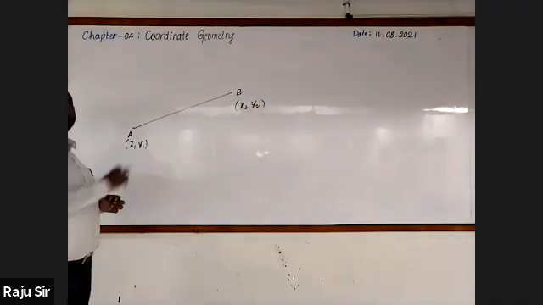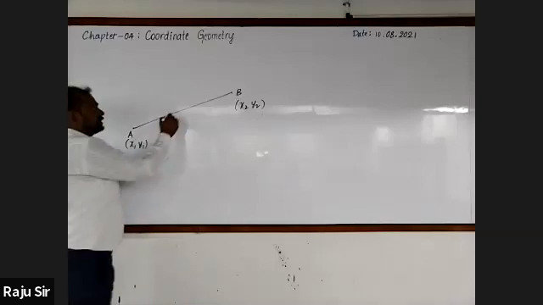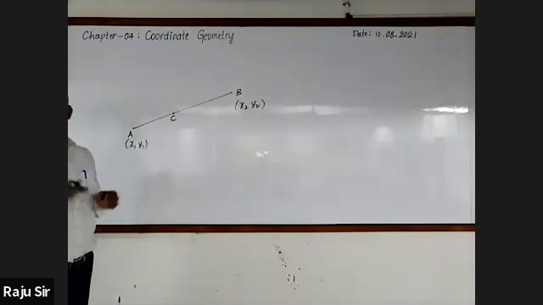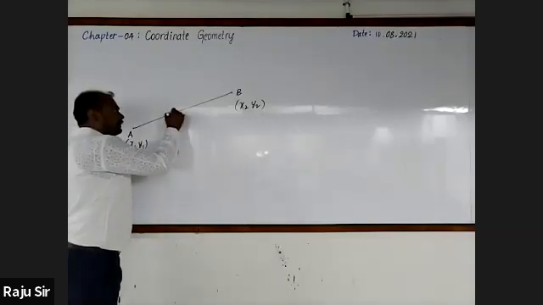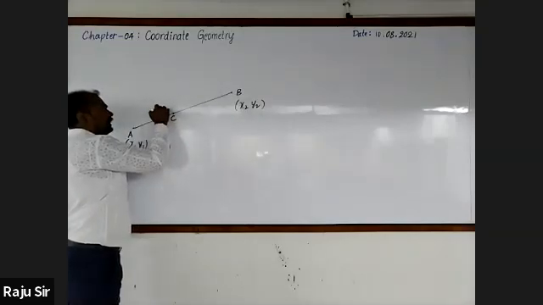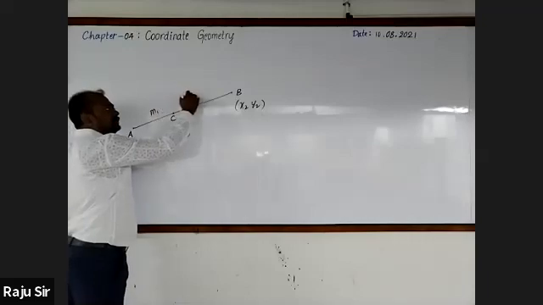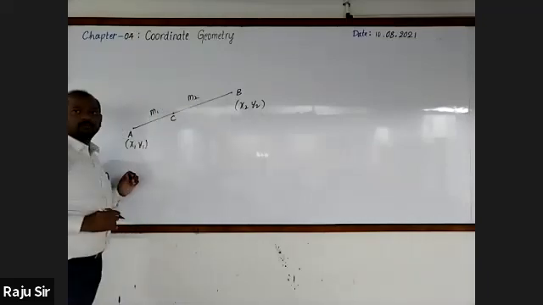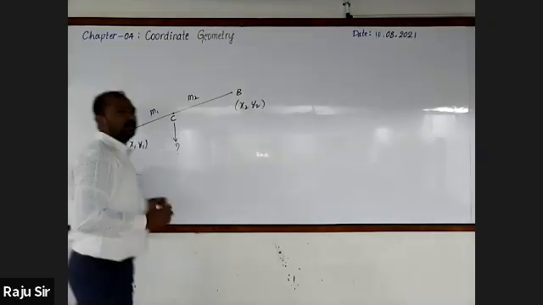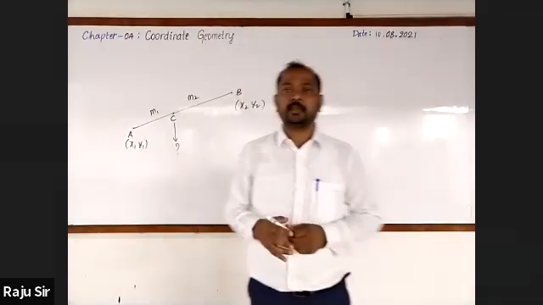There is a point on AB. I take that point as C, but we do not know the coordinates of this point. But this point C will divide AB in some ratio. I take that ratio as m1 is to m2. Understood? Now we have to find out the coordinates of the point C.